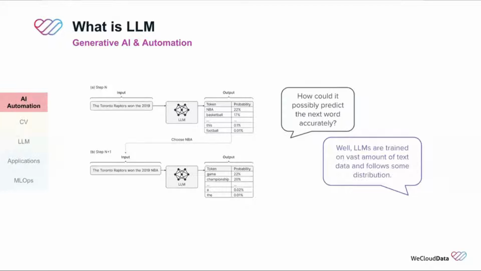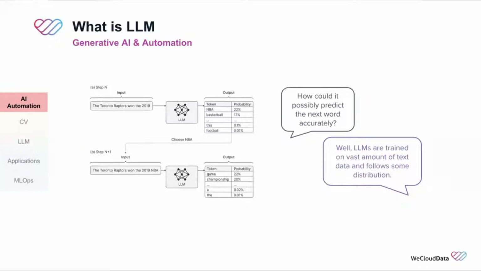Each one of these tokens has an associated probability, and there are different ways to choose the next token. But let's say here we choose the one that has the highest probability, which is NBA. So it becomes "The Toronto Raptors won the 2019 NBA", but it needs to do the completion.